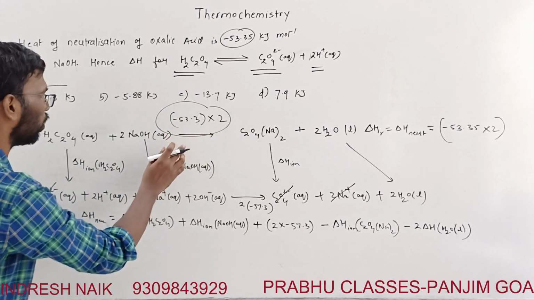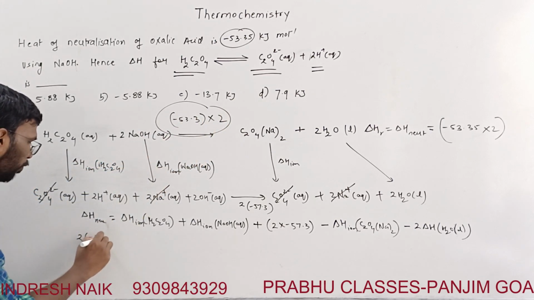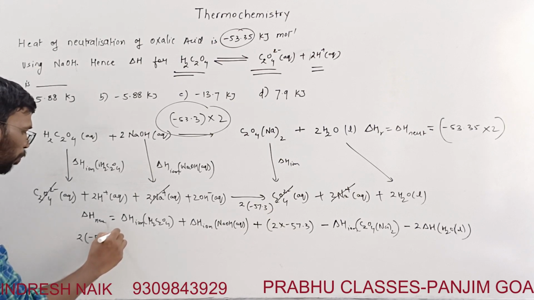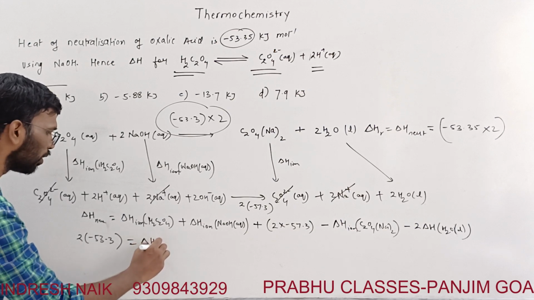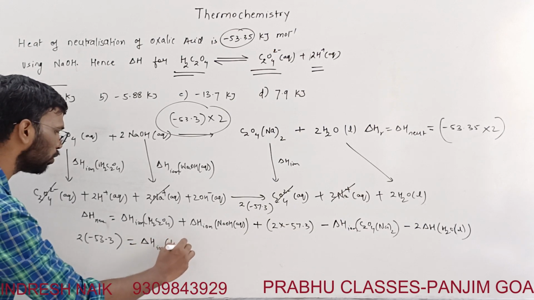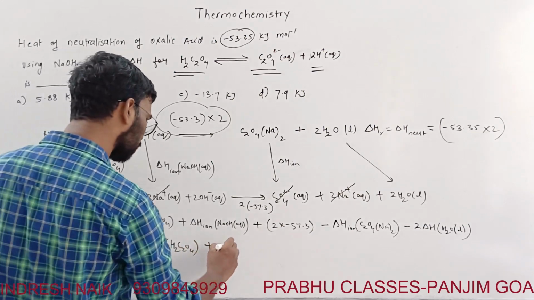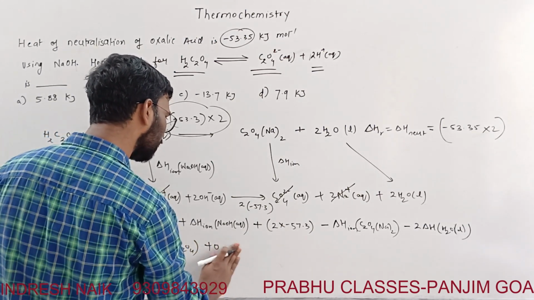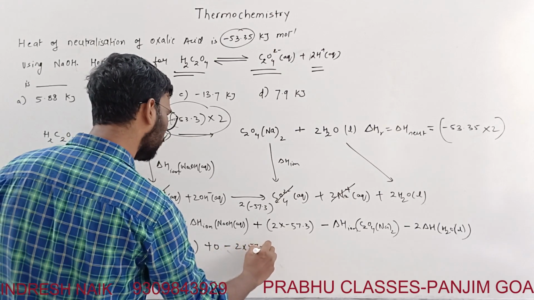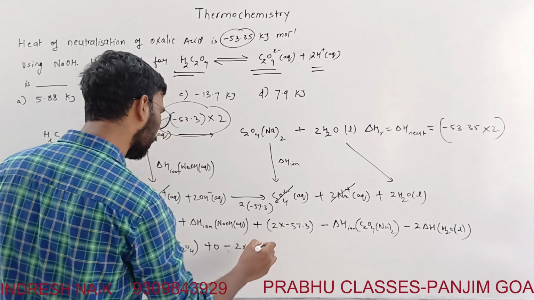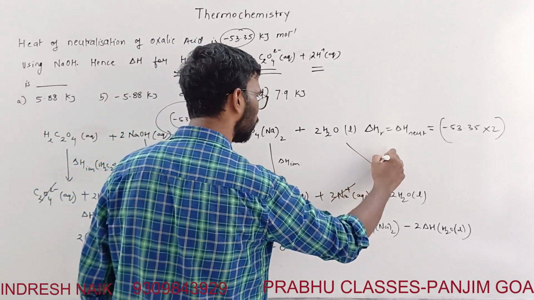Now this is equal to 2 into minus 53.3, equal to what I need to find, delta H ionization of H2C2O4, plus this is 0. We'll keep this as it is, minus 2 into 57.3. This is 0 and this is also 0, no?